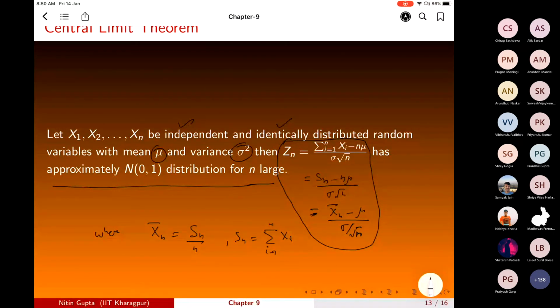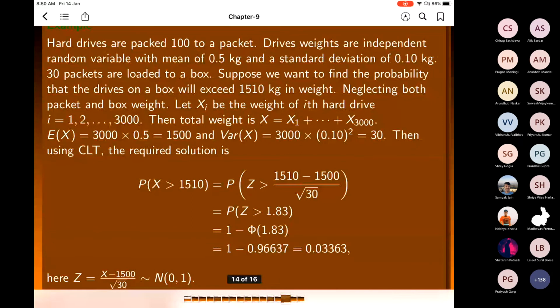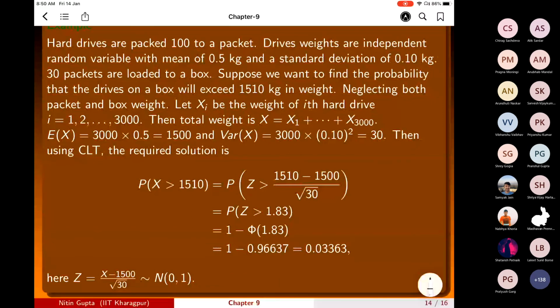Okay, so let me give the first example. Hard drives are packed 100 to a packet. Drive weights are independent random variables with mean 0.5 kg and standard deviation 0.1 kg. 30 packets are loaded to a box.